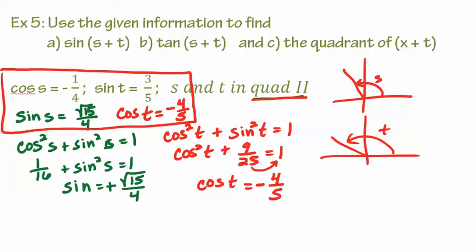Well, what happens if we add those 2 angles? Once we rotate, what if we ended at S and then we rotated to find angle T added onto it, so we end up with a bigger angle when we put 2 angles next to each other by addition. Okay, so that's what we're doing. Part A, now we want to find the sine of the sum of these angles.